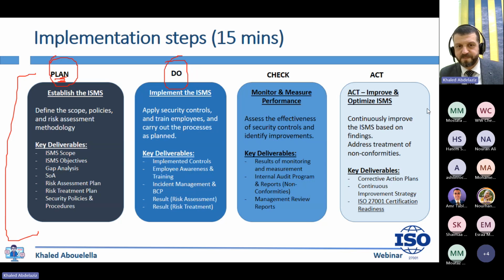No, not enough. After implementing the controls, who will operate them? People, right? So you need to run proper training and awareness sessions for the employees who are going to operate these controls.